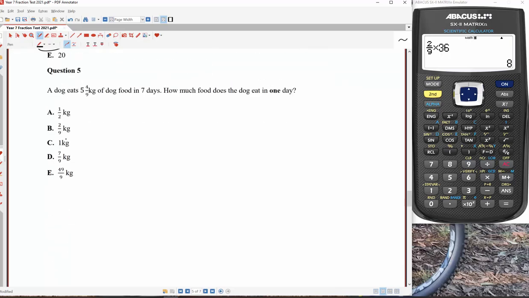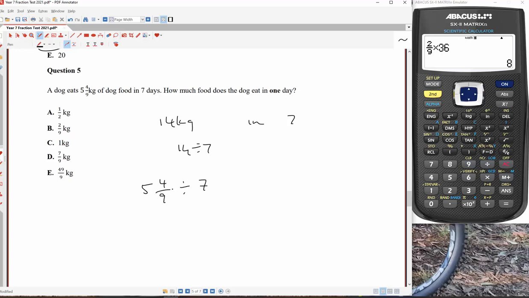A dog eats 5 4/9 kilograms of dog food in 7 days. How much food does the dog eat in 1 day? So just say the dog eats 14 kilograms in 7 days. How many in 1? All you would do is 14 divided by 7. So this is the same, except we're going to do 5 4/9 divided by 7.